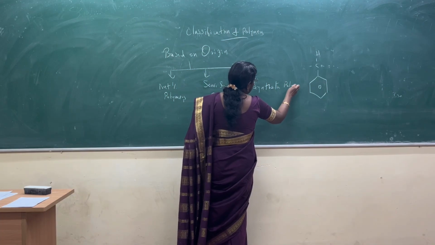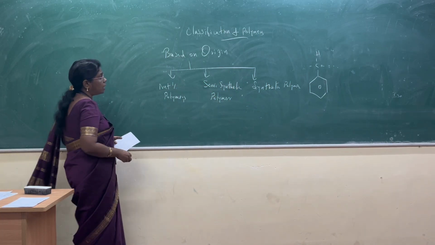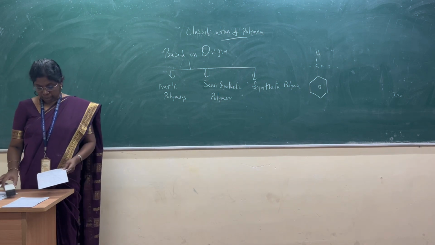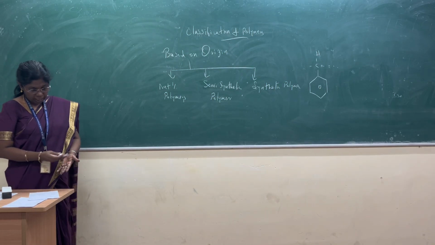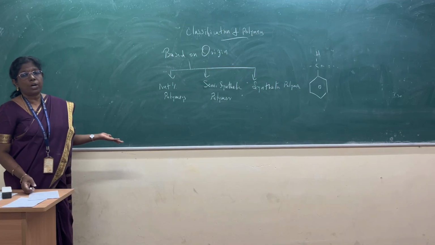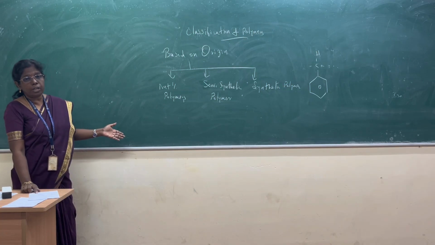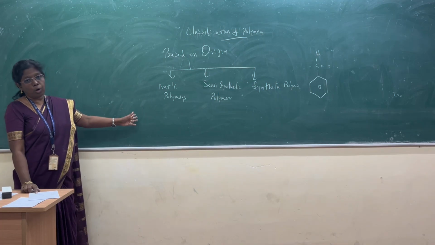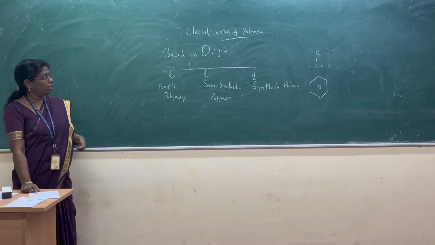Natural polymers are derived from naturally occurring sources, plants and animals. Examples are biomolecules: proteins, carbohydrates, lipids. They occur naturally, derived from plants and animals.